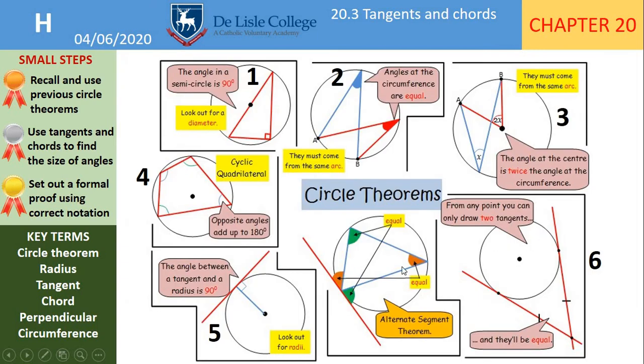So looking on here then, all we've done is gone over this circle theorem here, that the angle between a tangent and a radius is 90. That is all I need you to remember. And also, if you see two tangents drawn and they meet at an external point, then these lengths are equal. That is all I need you to take away from the information I've just gone through.